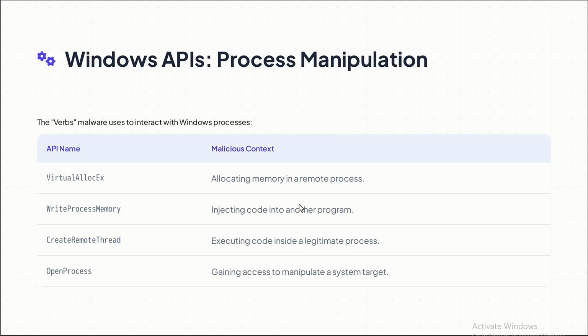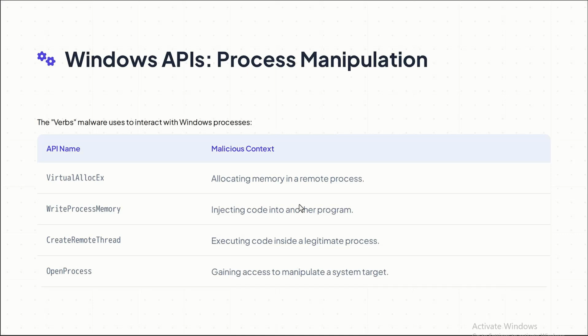And there is another API called WriteProcessMemory. It's mostly used for process injection, to inject the malicious code into another process. And the other API, CreateRemoteThread, simply executes code inside a legitimate process. And OpenProcess, in a malicious context, is gaining access to manipulate the target system.